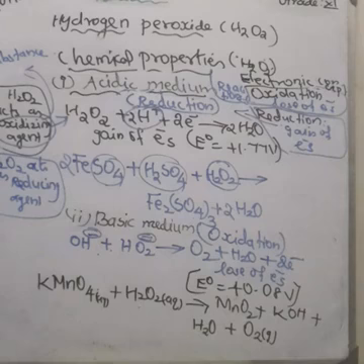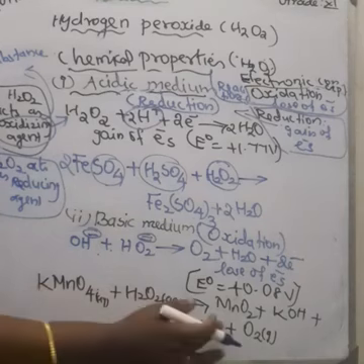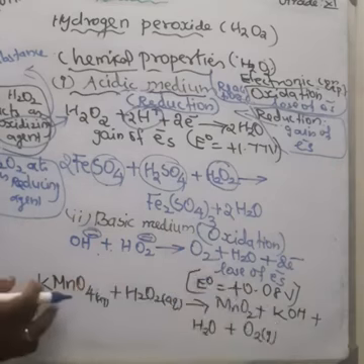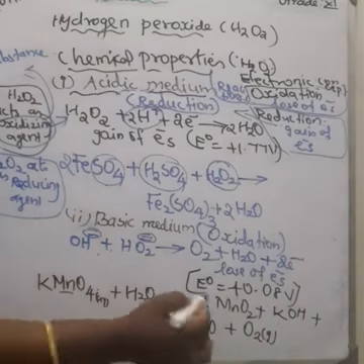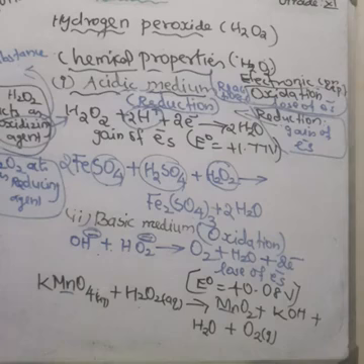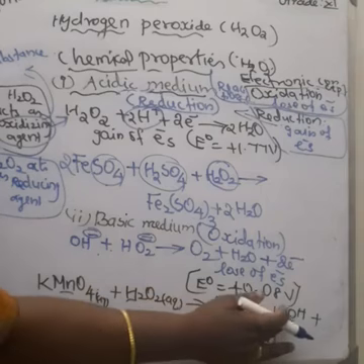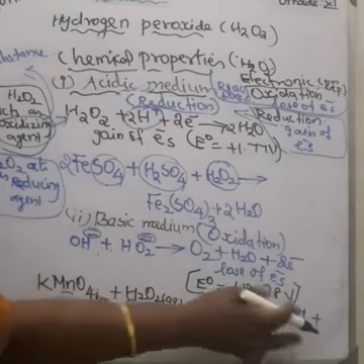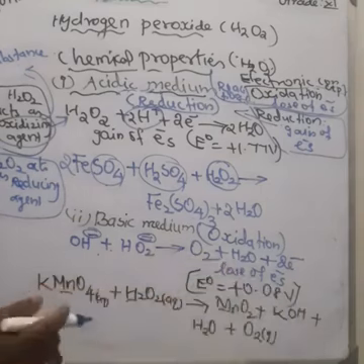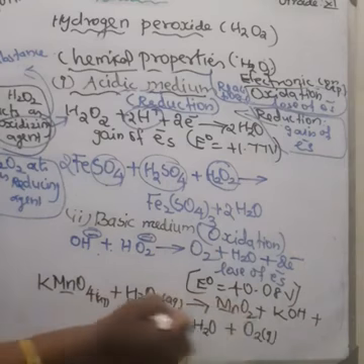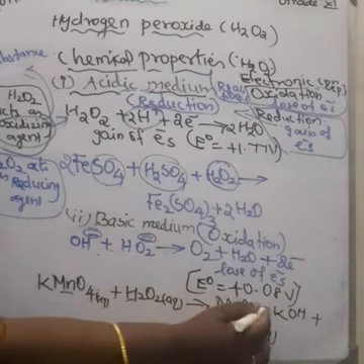How many potassium atoms here? Only one potassium here, and only one potassium there. Potassium is balanced. Manganese, only one here and one there, also balanced. Hydrogen: here 2, but there 1 plus 2, 3 hydrogens, so we make it 2.